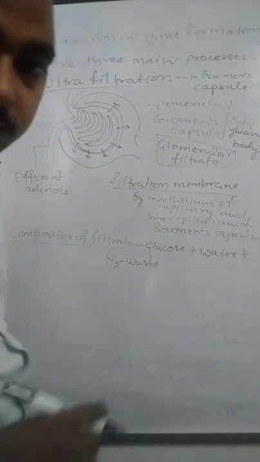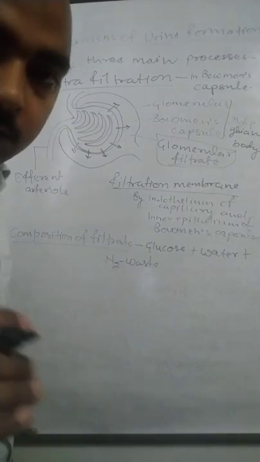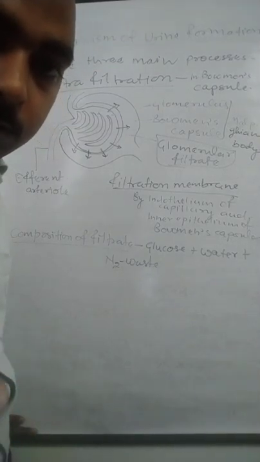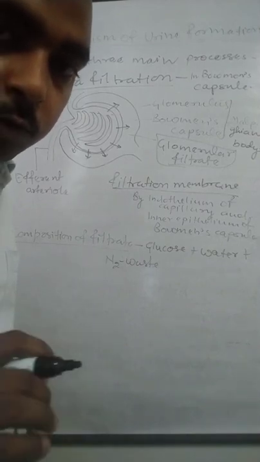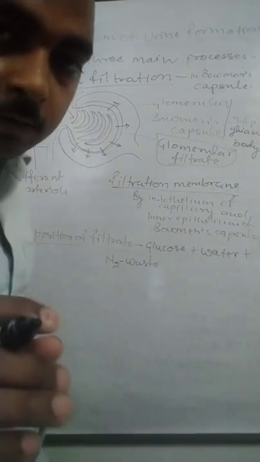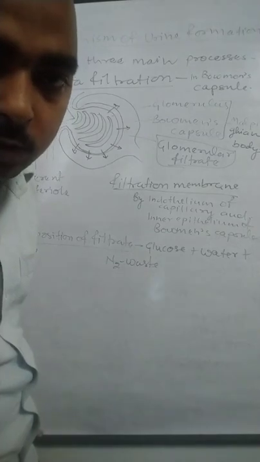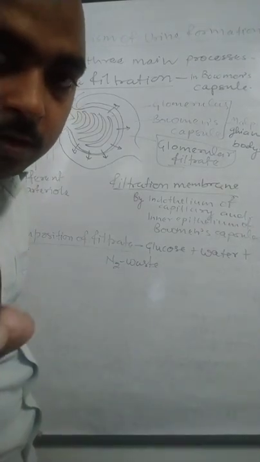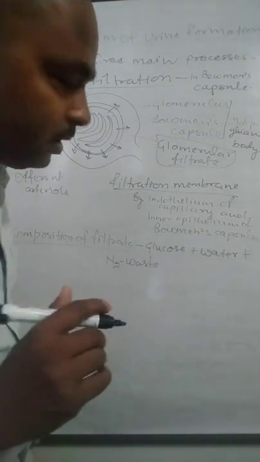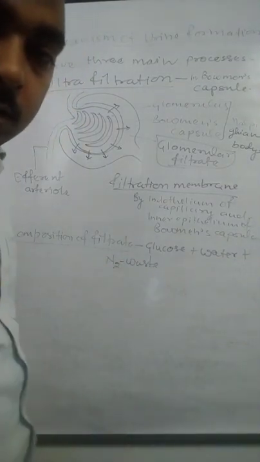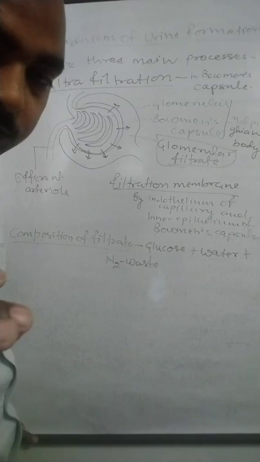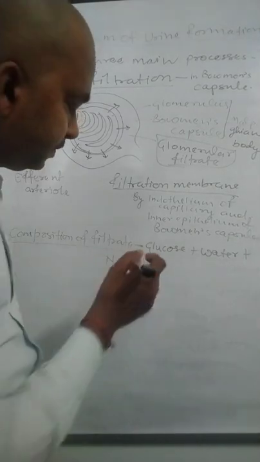These nitrogenous wastes are found in the form of ammonia, urea as well as uric acid, out of which ammonia and uric acid are in trace amounts while urea is in sufficient amount, because urea is the chief excretory product.